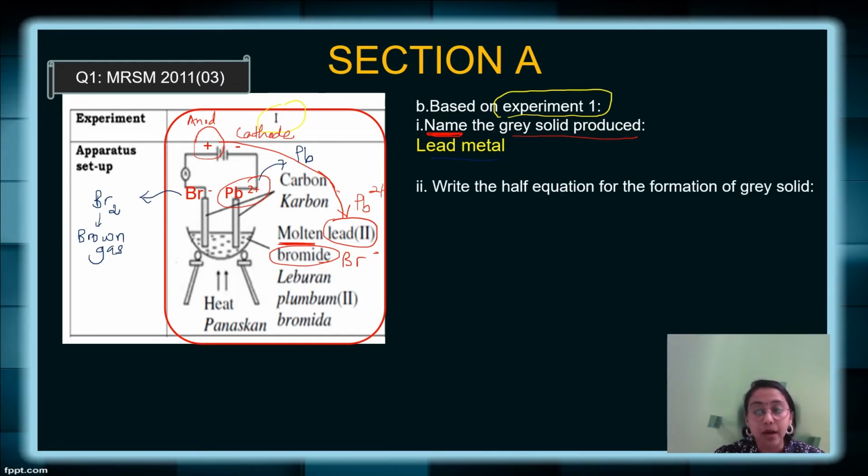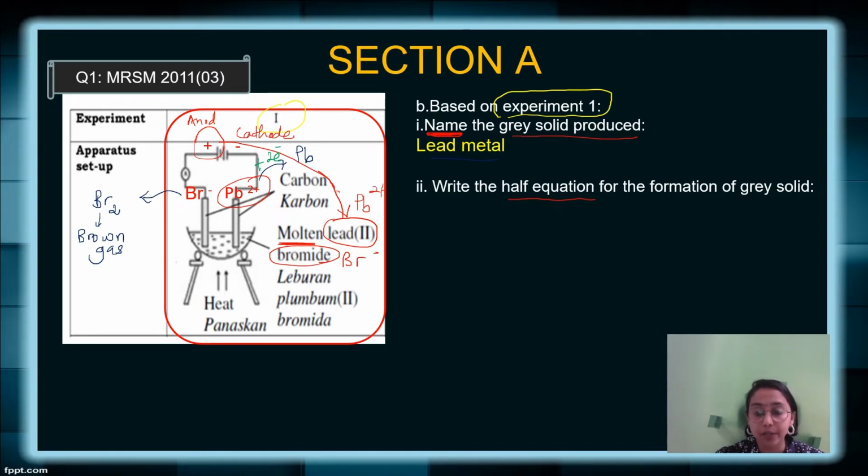Okay. Now the second part you have to master is writing the half equation for the formation of the gray solid. At the cathode, the lead-2 ions will be discharged. How are the lead-2 ions going to be discharged? They need to receive 2 electrons.